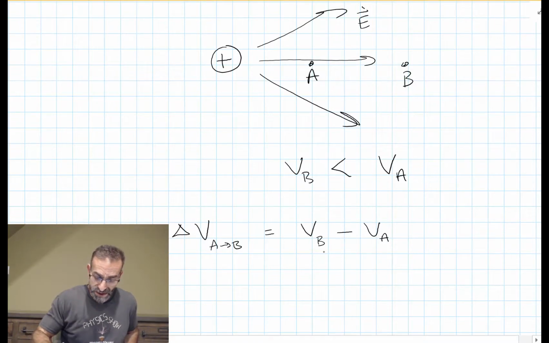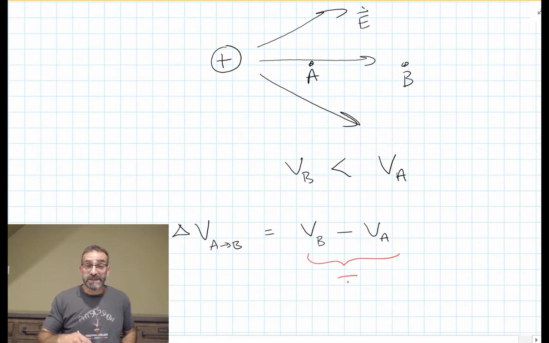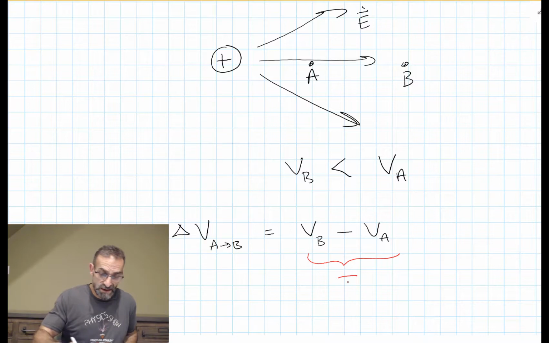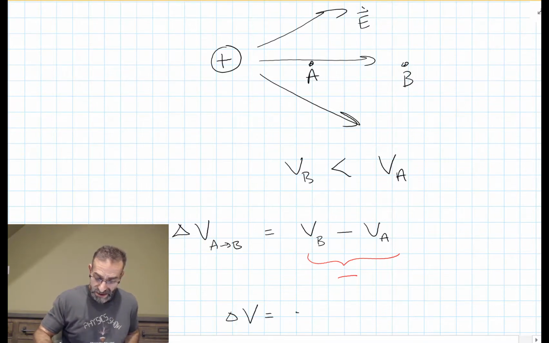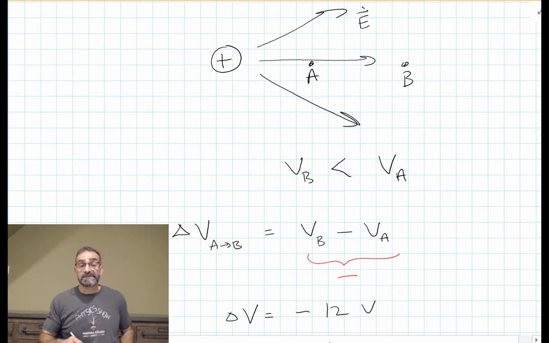Our potential at B is less than that of A, which means that this has to be negative. So as we move from A to B, our delta V would be negative 12 volts.